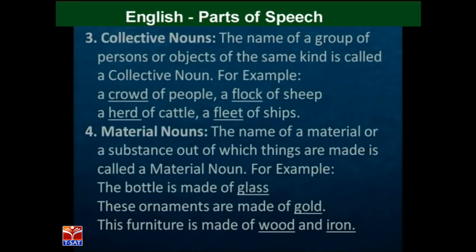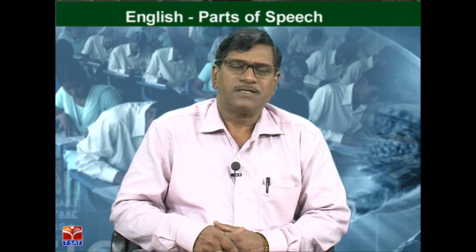So, the underlined words glass, gold, wood, iron, these are all material nouns. So, the name of a material or substance from which we make things is called a material noun. These are the four varieties of concrete nouns.